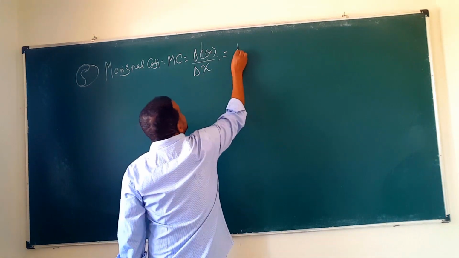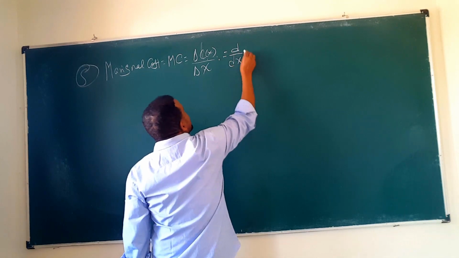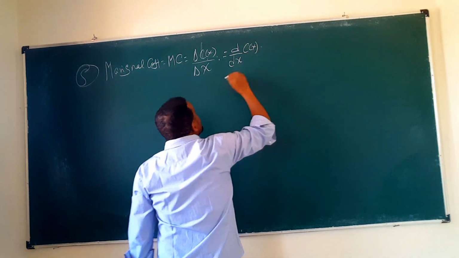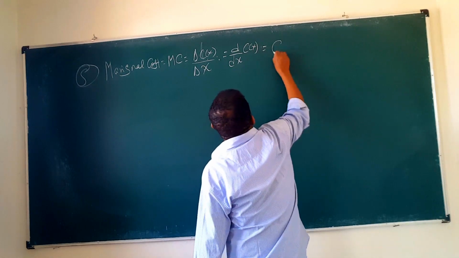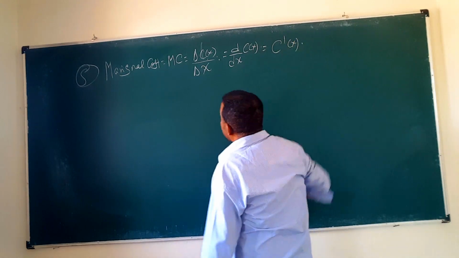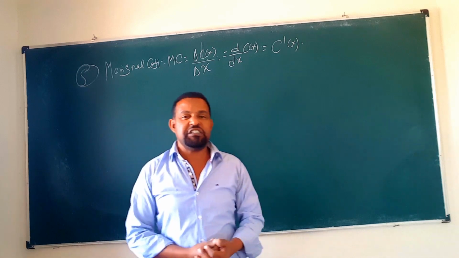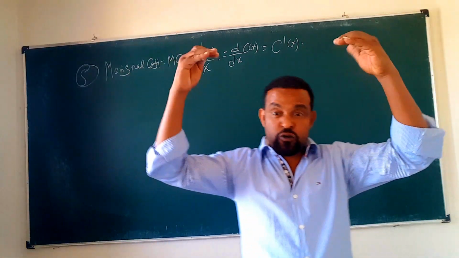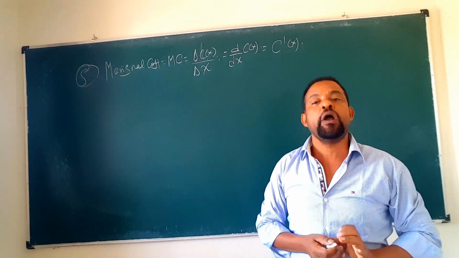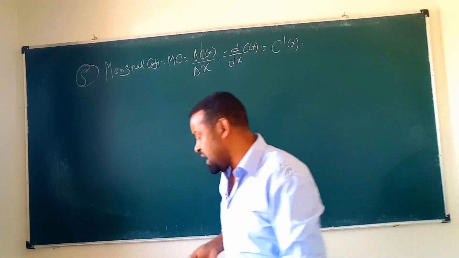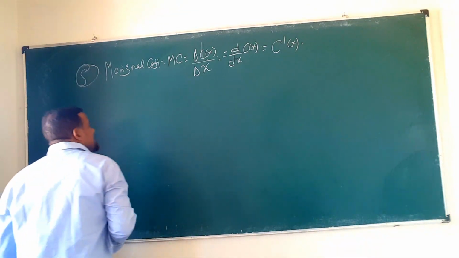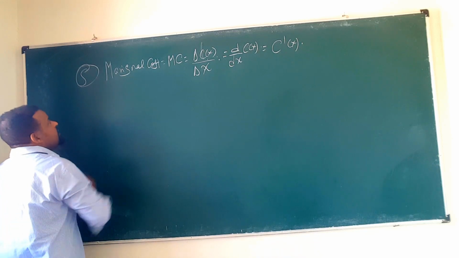Automatically, it is the derivative d by dx of the total cost with respect to x. So marginal cost is the rate of change of the total cost with respect to x, and simply it is the derivative of the total cost.